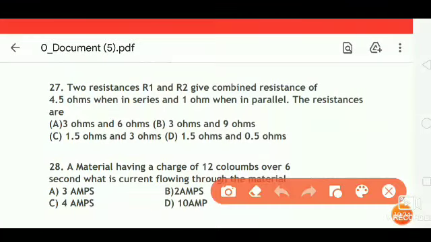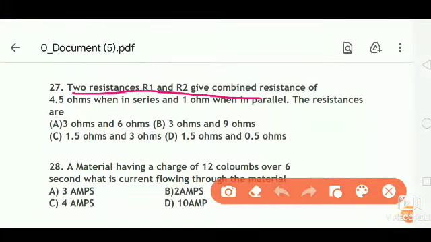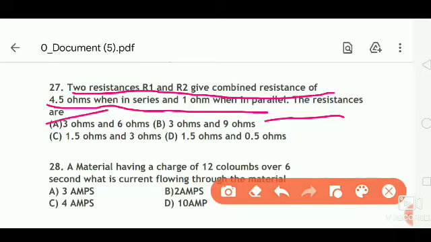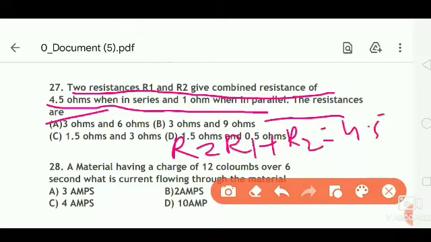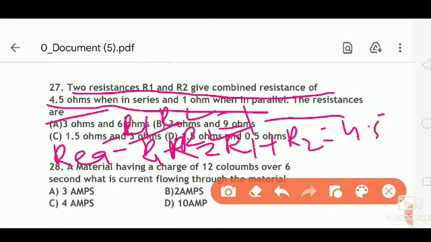So the next question is, two resistances R1 and R2 give a combined resistance of 4.5 ohm in series and 1 ohm when in parallel. Here we get that the combined resistance is 4.5 in series, so R equal to R1 plus R2 equal to 4.5, and when in parallel, R equal to R1 R2 by R1 plus R2, which is 1.